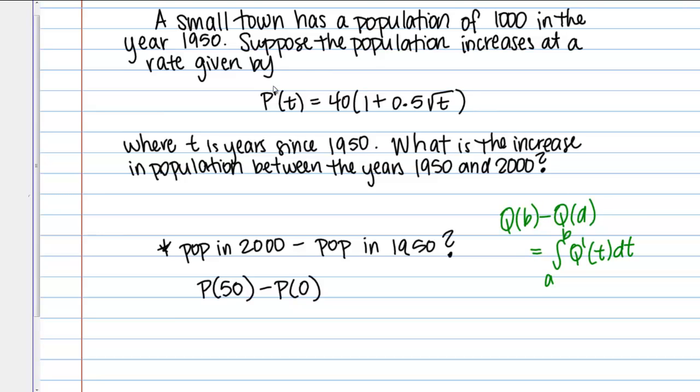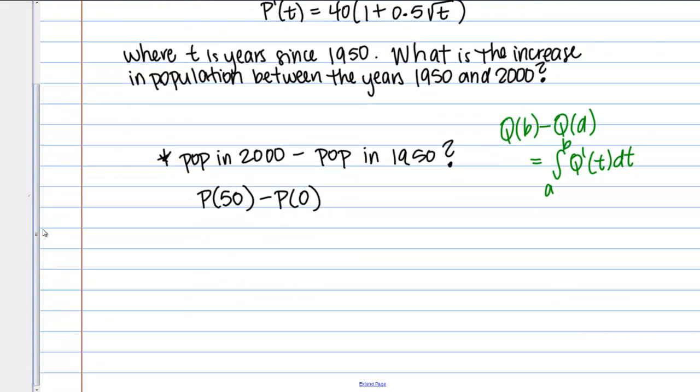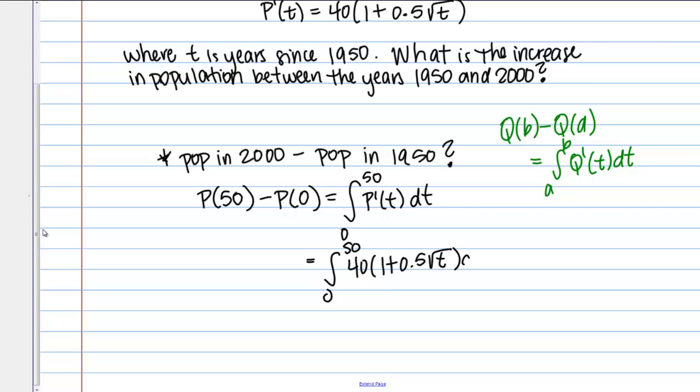Okay, so we're going to use that formula, but of course our variable is population, p. So this should equal the integral from 0 to 50 of p prime of t dt. So if I plug in my function, that's the integral from 0 to 50 of 40 times (1 plus 0.5 square root of t) dt.